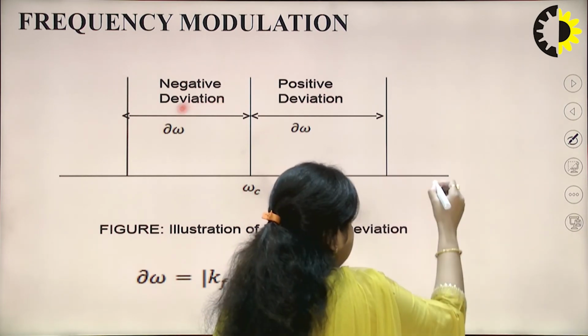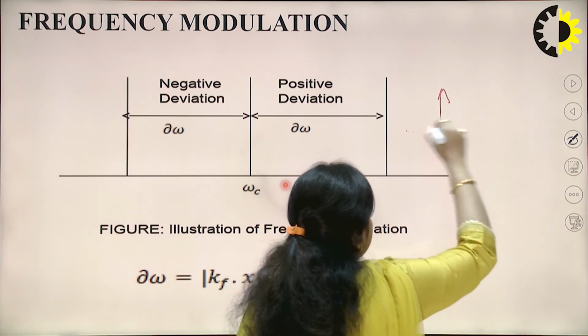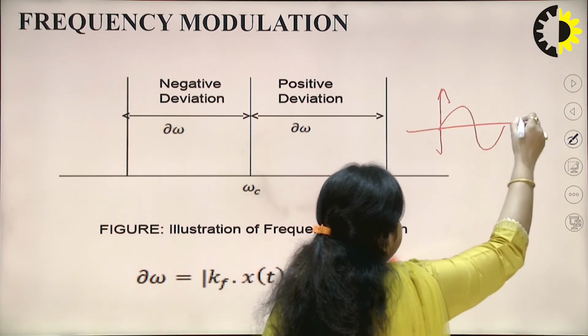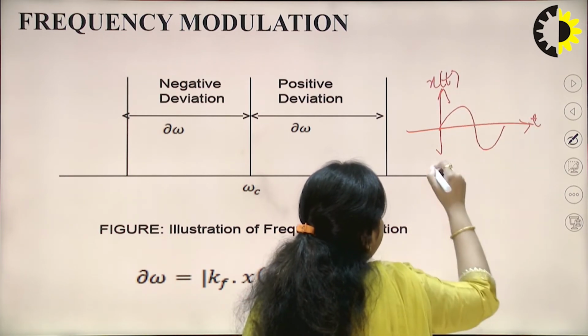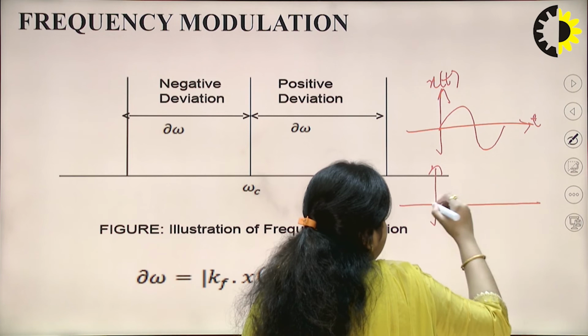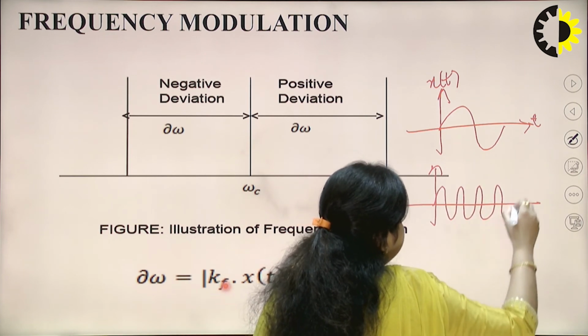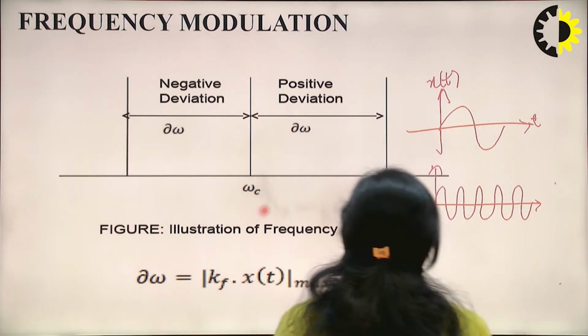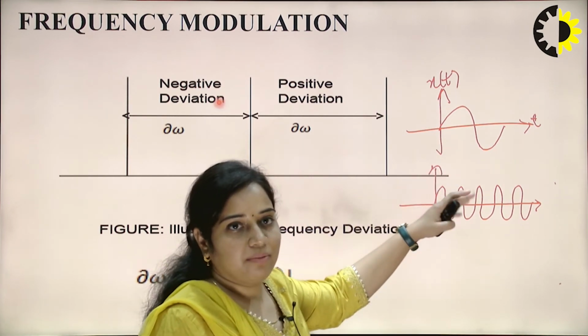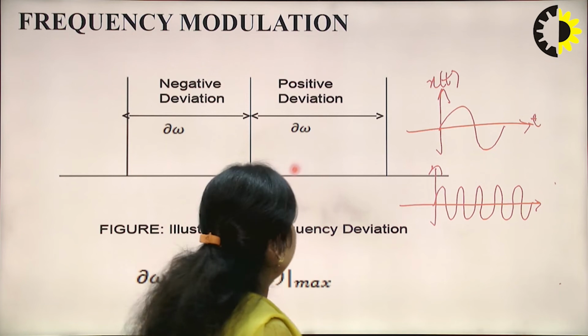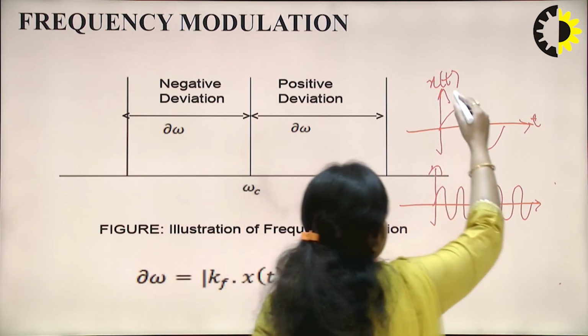Let us take an example, like this is your message signal x(t), and this is t. This is your carrier signal. Let us see what frequency deviation is. So this is a message signal.